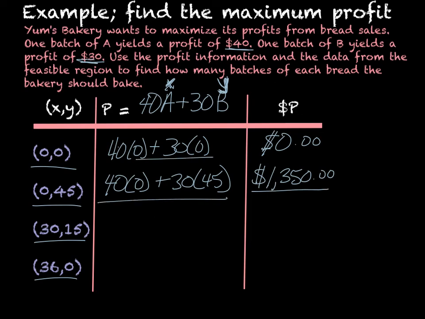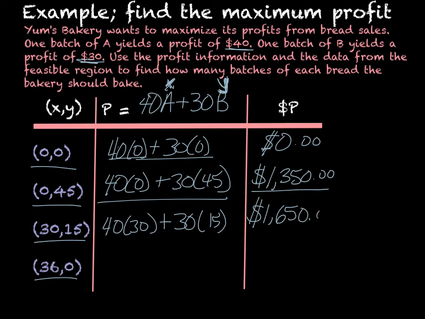All right, the next one, 30 and 15, so 40 times 30 plus 30 times 15, and if I multiply those and then add them together, I get $1,650. Okay, so now that one's the most so far, but we got to try the last one.